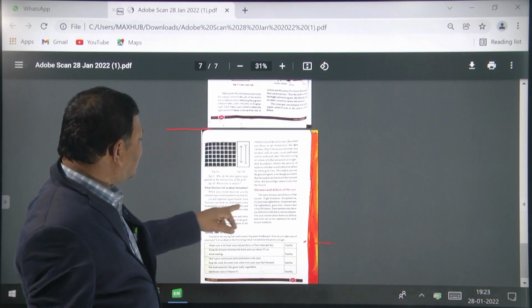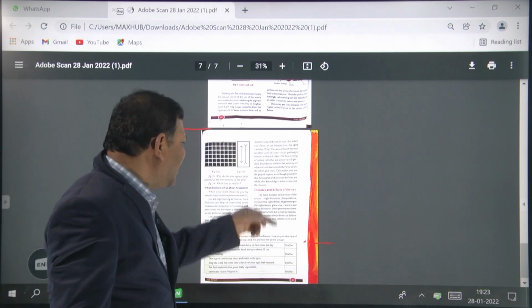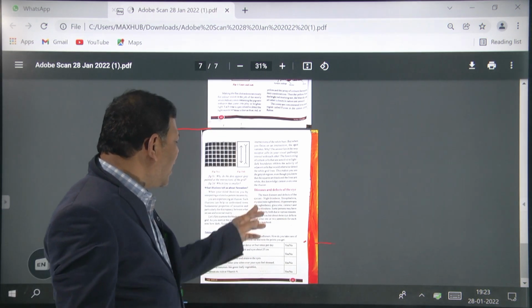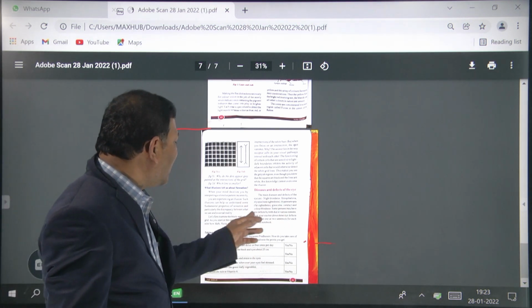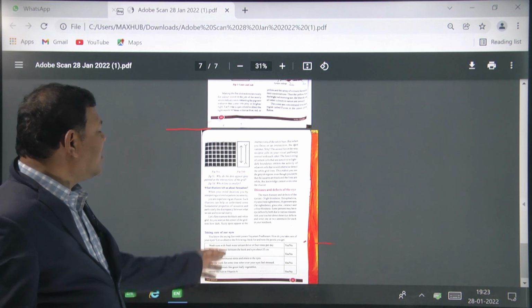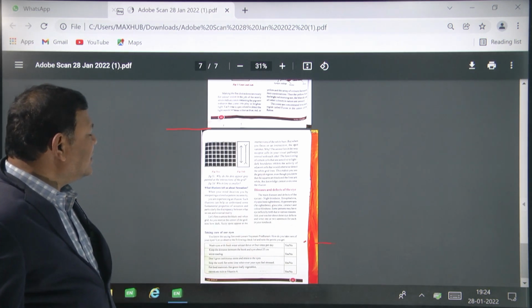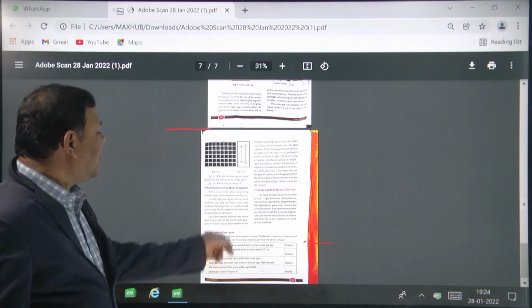Next, the main diseases and defects of the eyes are night blindness, xerophthalmia, myopia also known as near sightedness, hypermetropia that is far sightedness, glaucoma, cataract and color blindness. Some persons may have eye defects by birth due to various reasons.